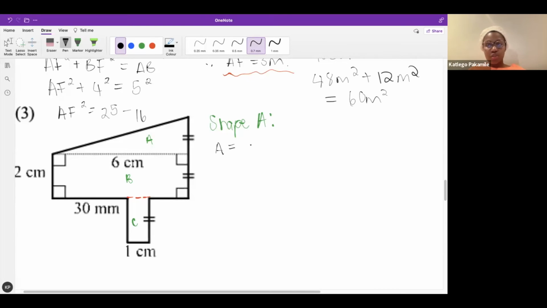You guys are doing so well. You are behaving. Half base times height. Nice. What's my base for this triangle? 6. And what's my perpendicular height? Why am I writing the formula again? Nice, guys. How did you get your height? Is anyone willing to raise their hand and tell me how you got the height?